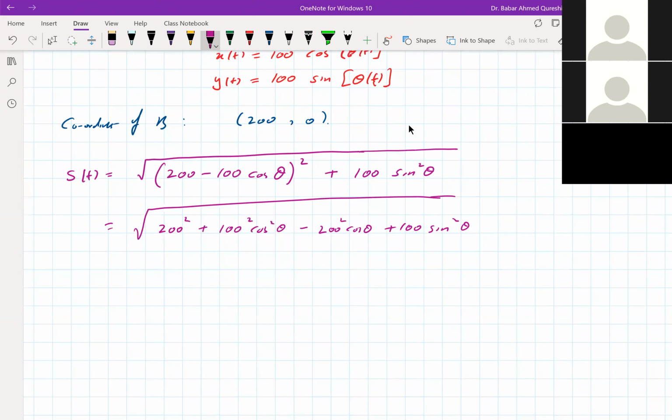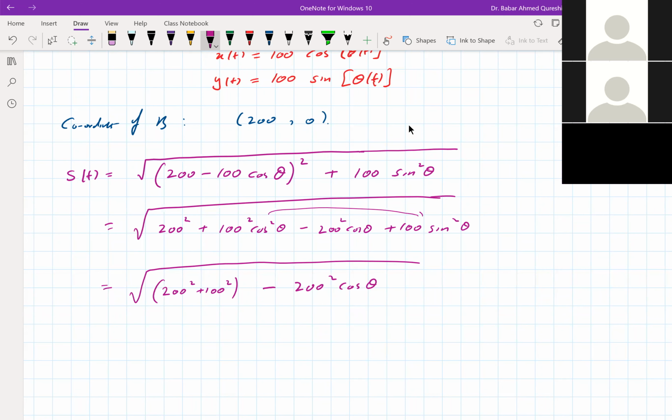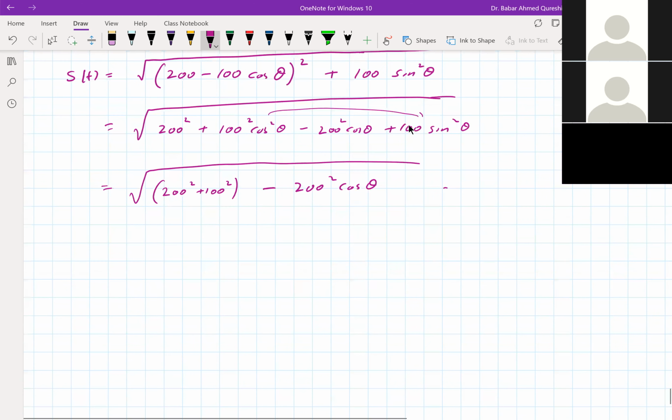The only nice thing is I have got rid of these two terms, and these become 100 square. So 200 square plus 100 square, you can add these. Plus I have minus 200 square cosine theta. So I have to do only one differentiation of one trigonometric function.